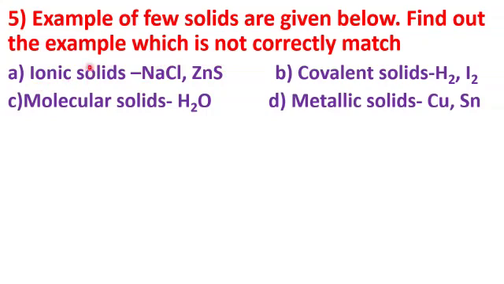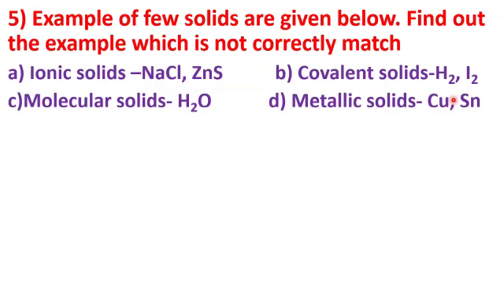So ionic solids, if you consider, obviously NaCl and zinc sulfide are right examples for ionic solids. So option A can be eliminated. If you observe option C, molecular solids, water is also an example for molecular solids. Hence option C can be eliminated. If you observe option D, metallic solids, copper and tin are examples for metallic solids.